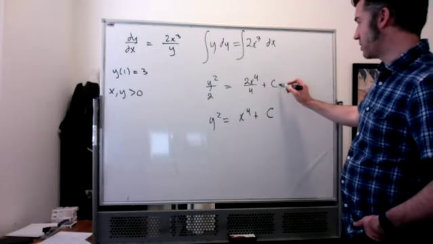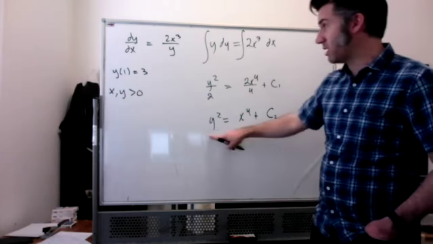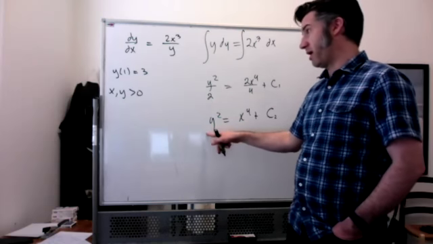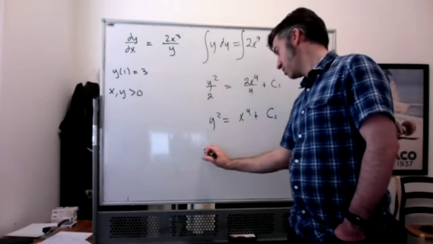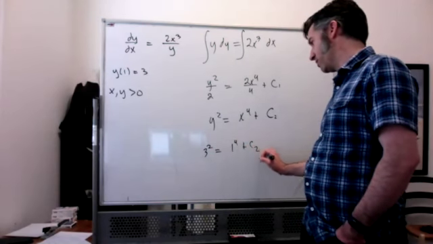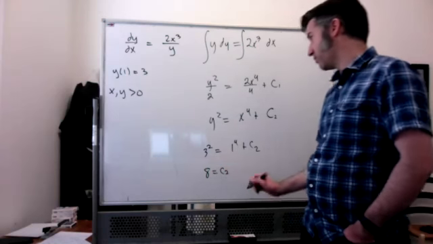Or if you want, you can call this one c1 and this one c2. You don't really need to though. This is much nicer to plug into. So here, I get y, which is 3 squared, equal to 1 to the 4th plus c2. So 9 minus 1 is equal to c2.